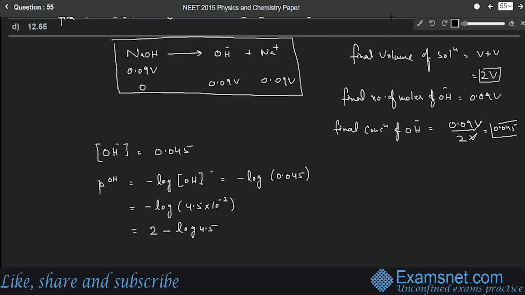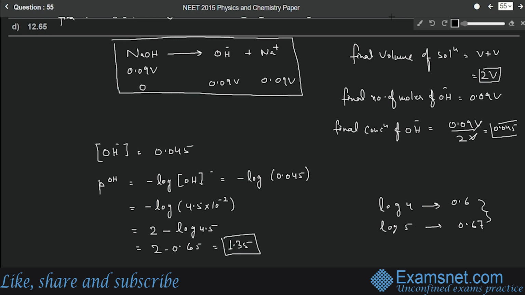Now what will be the value of log 4.5? We know that log 4 is approximately equal to 0.6 and log 5 is approximately equal to 0.67. So log 4.5 will be somewhere in between. Okay, so let's say 0.65. So it will be 2 minus 0.65, that will be equal to 1.35.